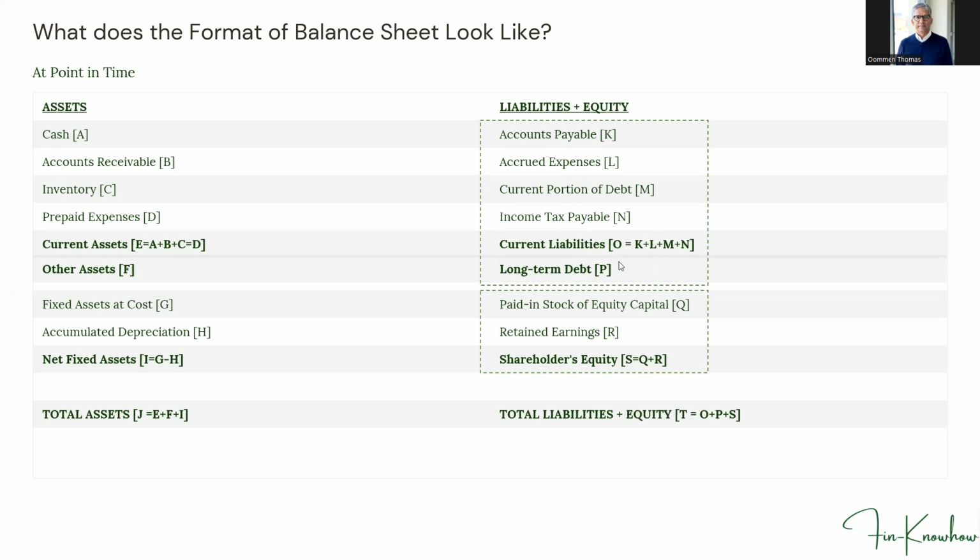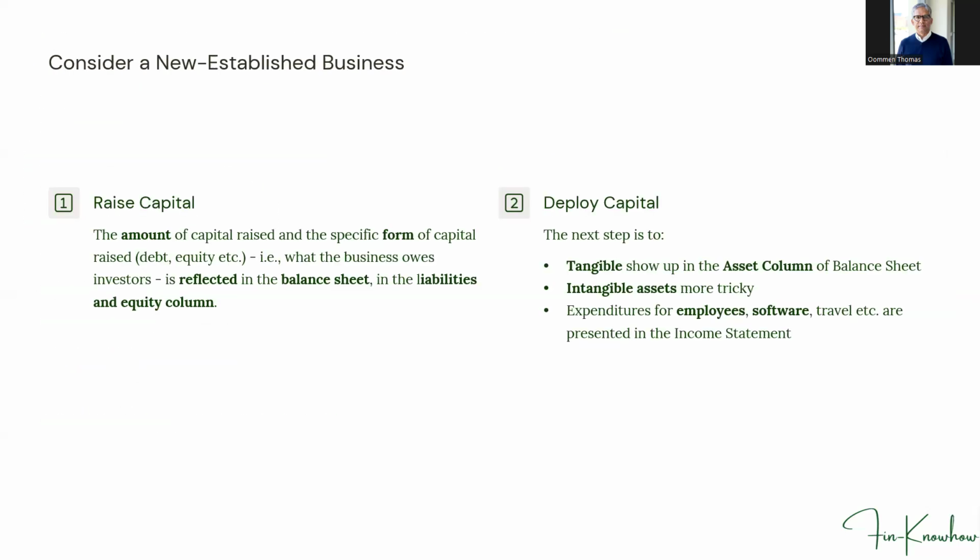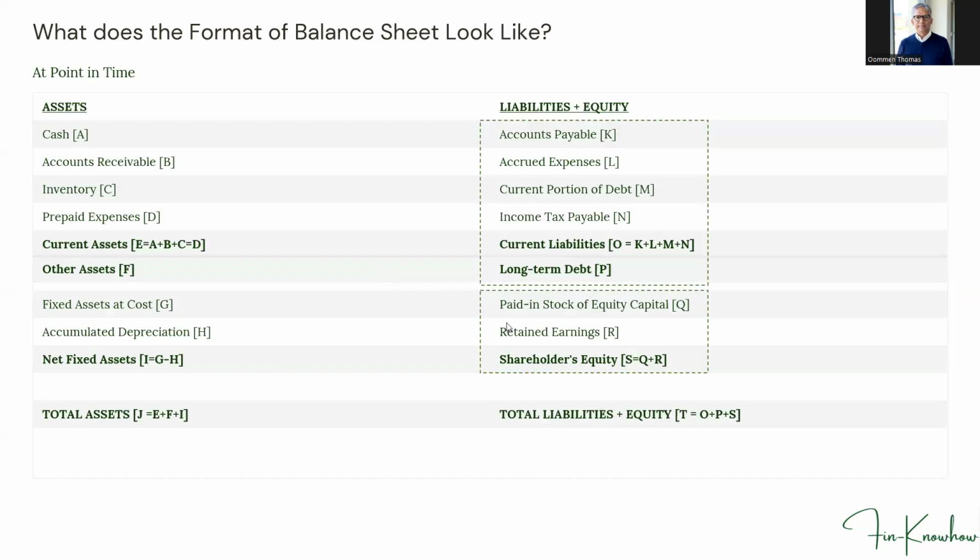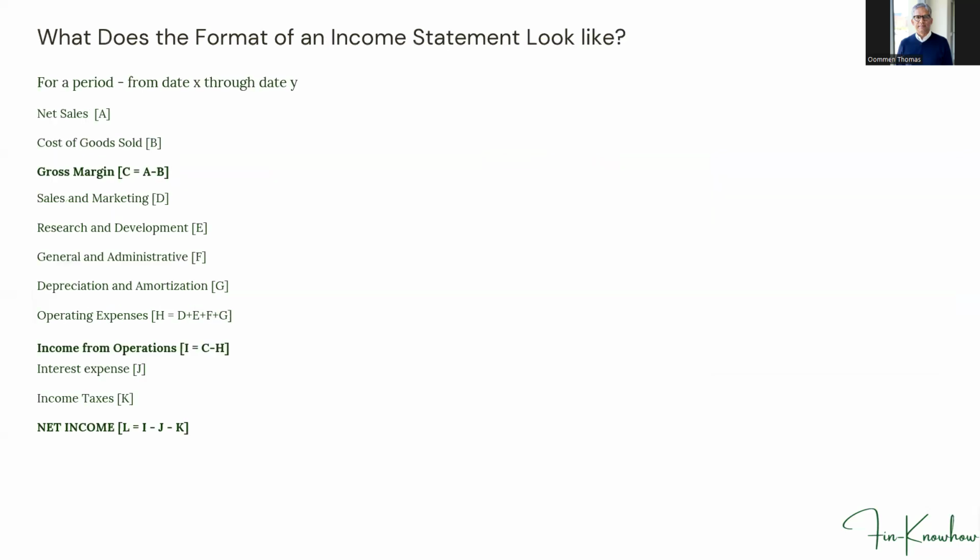Long-term debt will show up here on the right-hand side of the balance sheet. If it is equity, it's going to show up here in this tab. Again, on the right-hand side of the balance sheet, but it's going to show towards the bottom in the shareholders' equity block of the liabilities plus equity side of the balance sheet, meaning the right-hand side of the balance sheet.